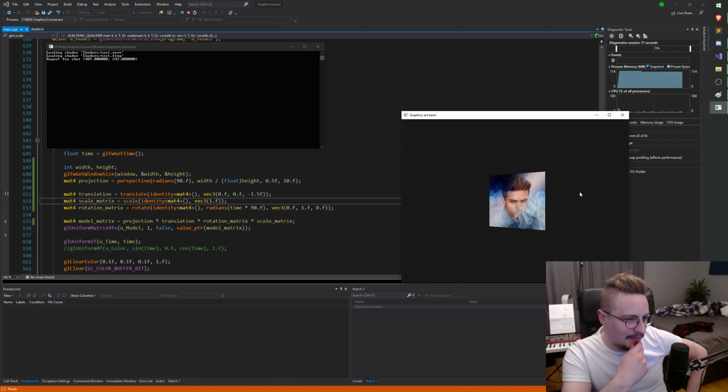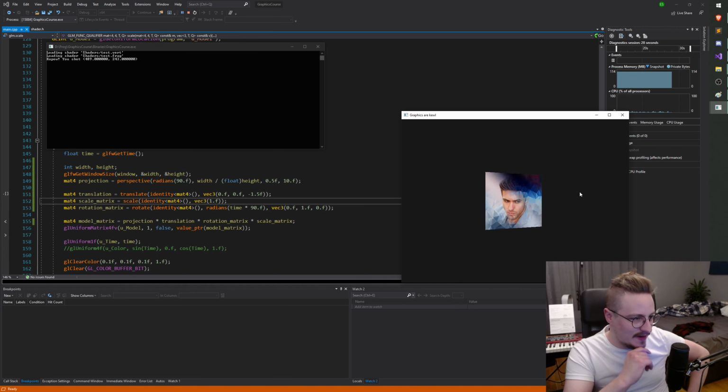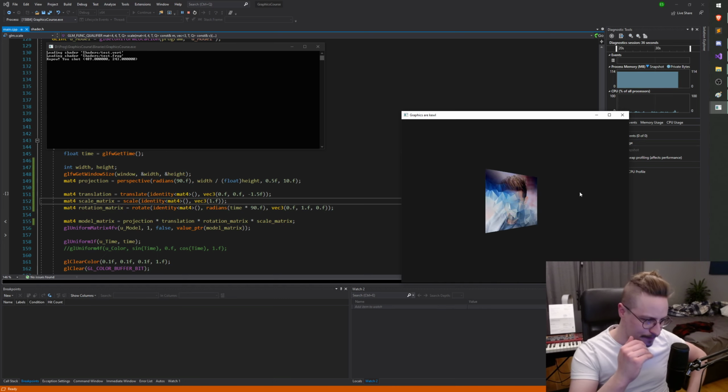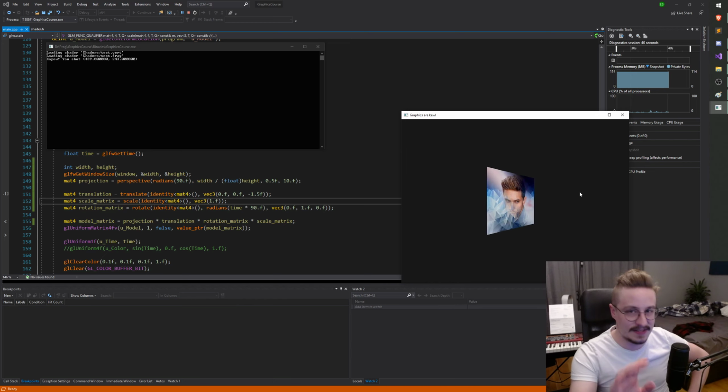What other types of projections are there? Well, there's something called orthographic projection, which is not really as fun as perspective, because by default we kind of have an orthographic projection where there is no depth. When things get far into the distance, they always stay the same size.